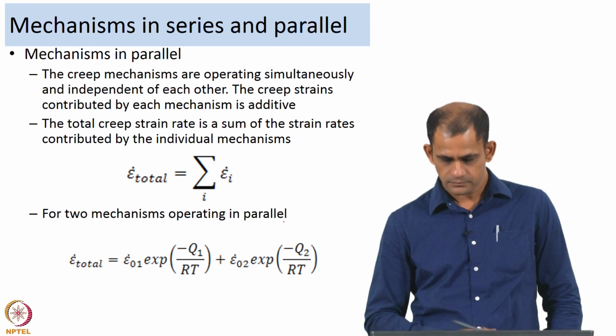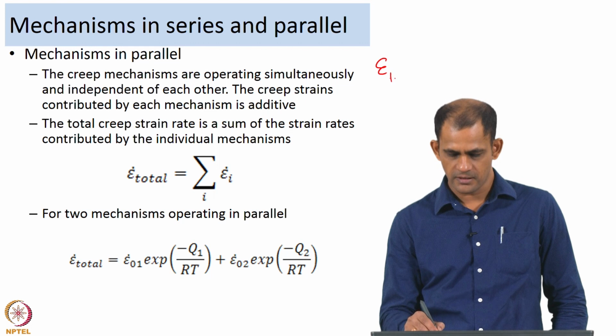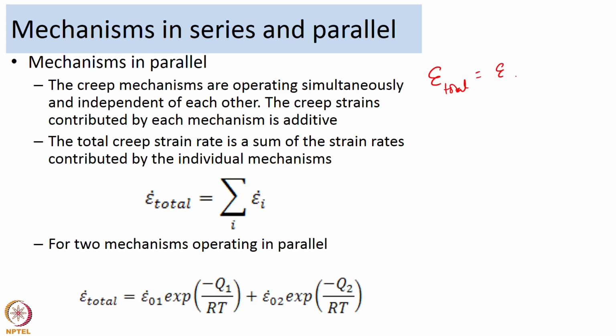So, the total strain will be the strain contribution of mechanism 1 plus the strain contribution of mechanism 2.